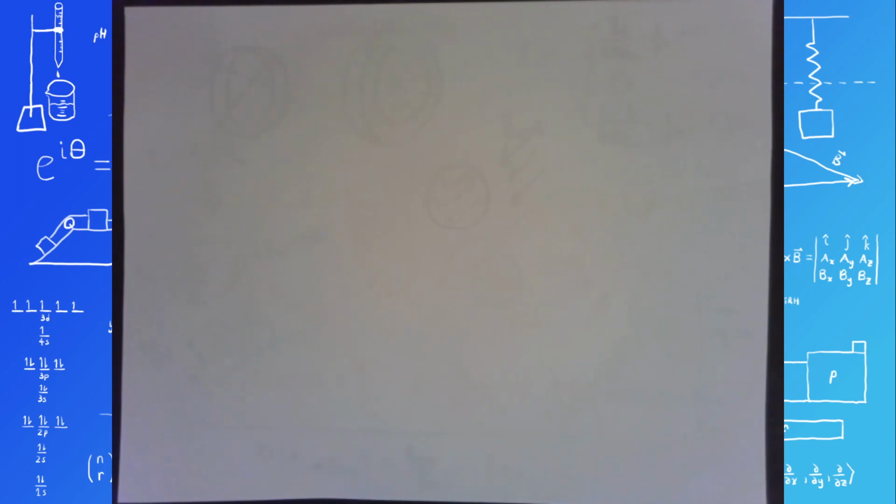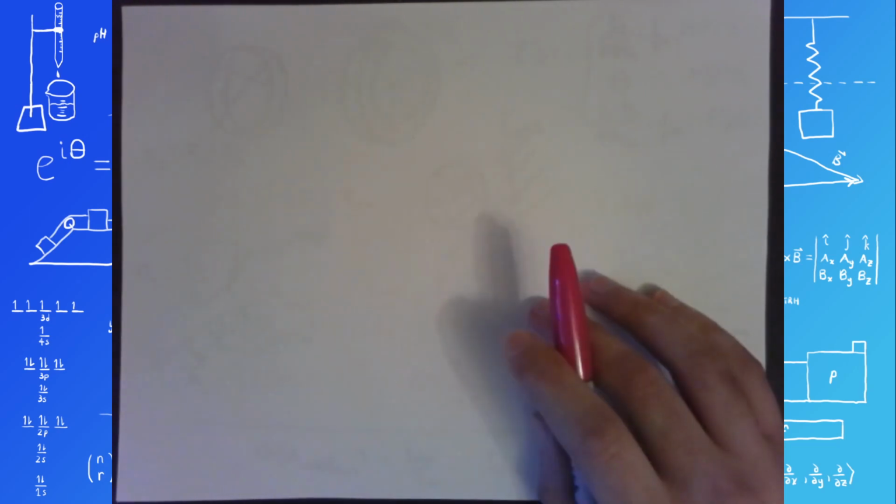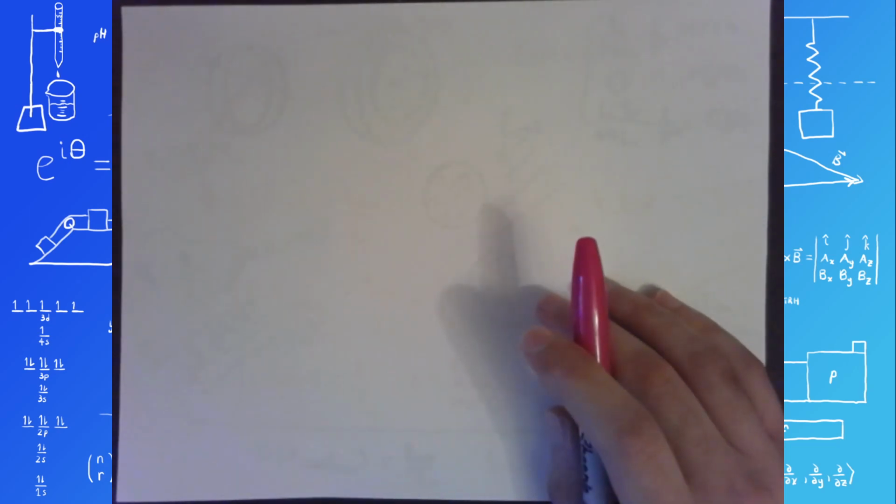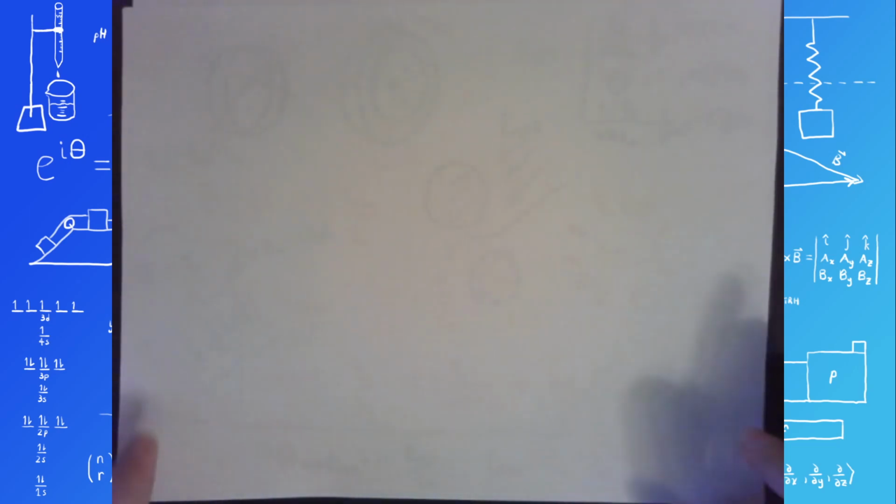So yeah, let's go ahead and do that. Let's just continue where we left off last time. And maybe this time we'll also add the concept of voltage to the mix while we're at it.